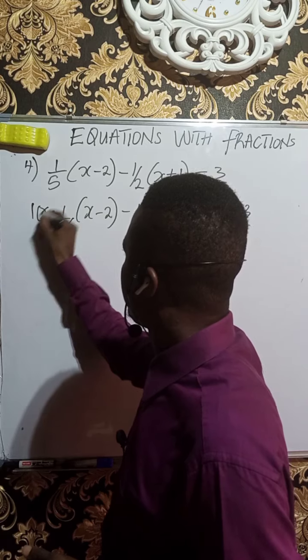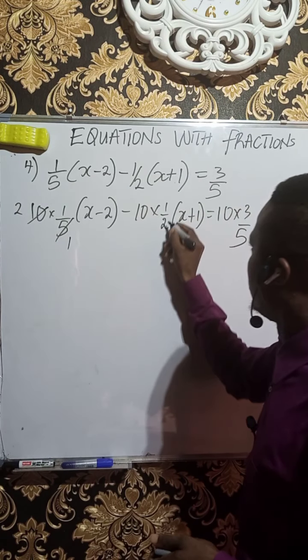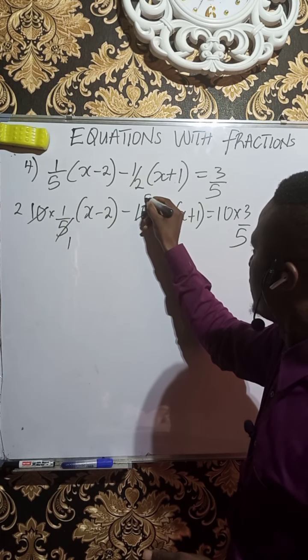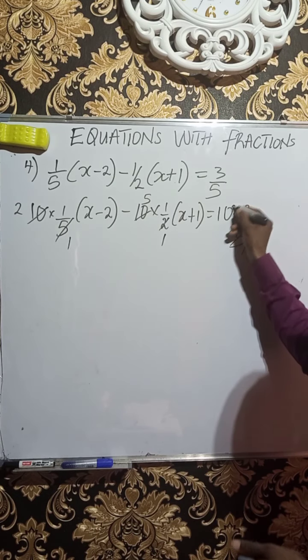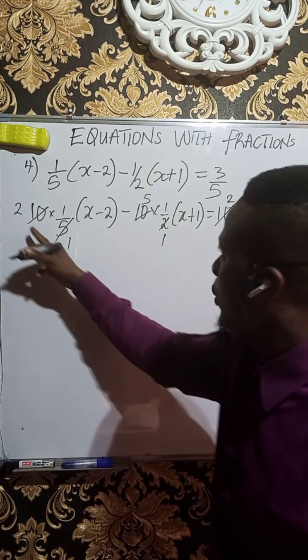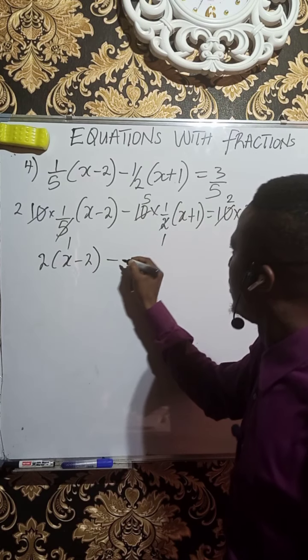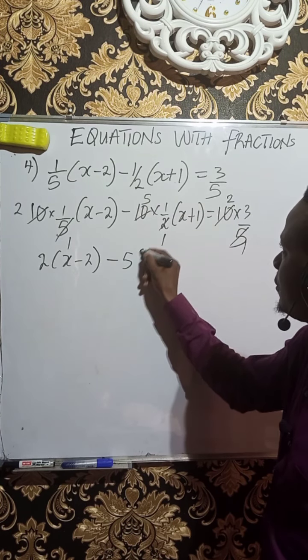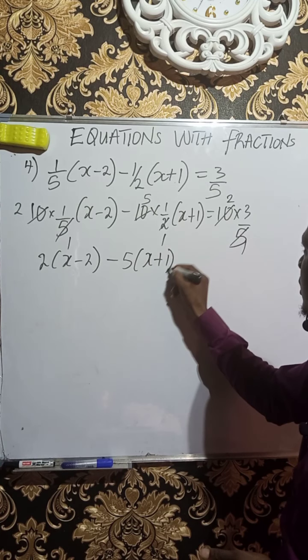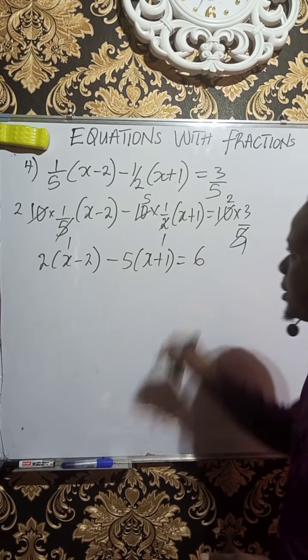So 5 here is 1, 5 here is 2, 2 here is 1, 2 here is 5, 5 here is 1, 5 here is 2. So we are left with 2 into x minus 2 minus 5 times 1 is 5 into x plus 1 equals 2 times 3 is 6.